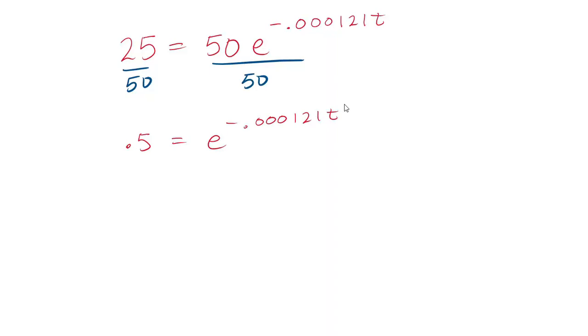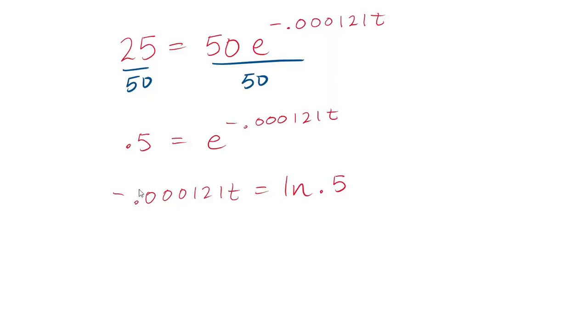Now we rewrite this in its logarithmic form. See if you can do that. The exponent goes by itself on one side. The base of the logarithm is e, so this is the natural log. The output of the exponential expression becomes the input to the logarithm. That's 0.5.